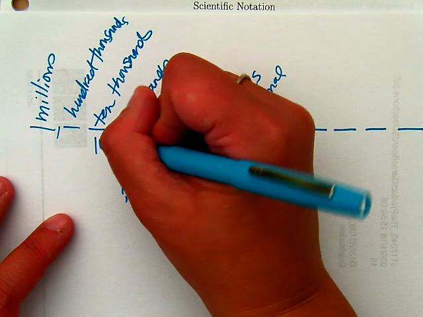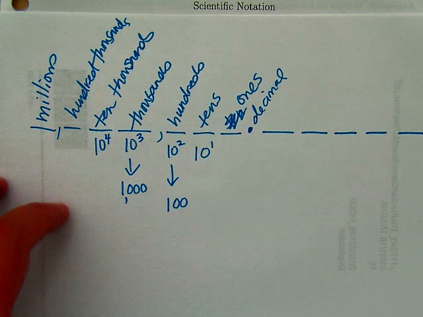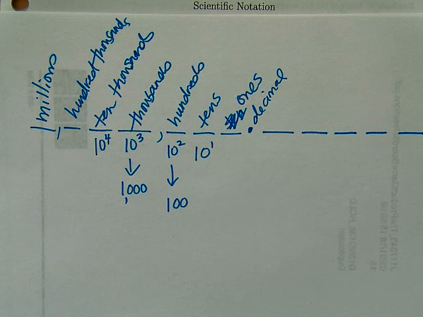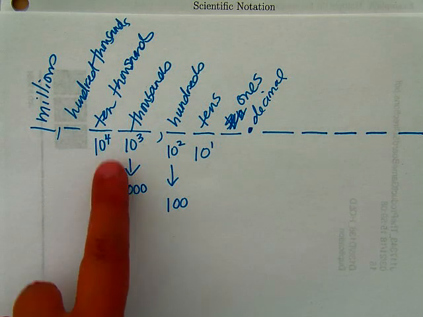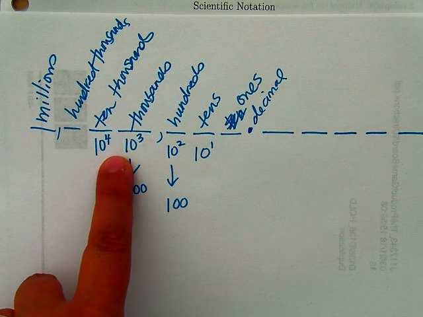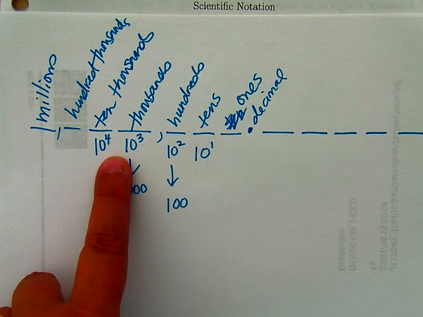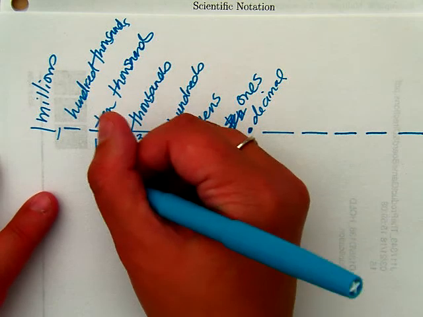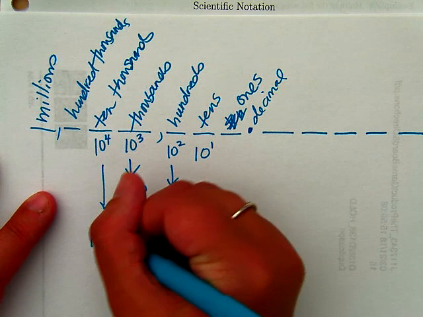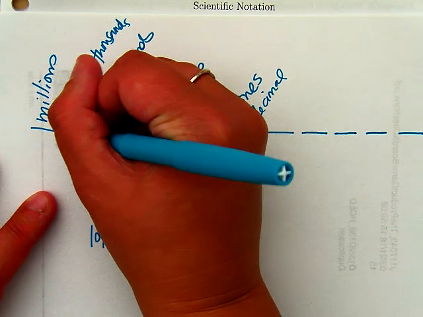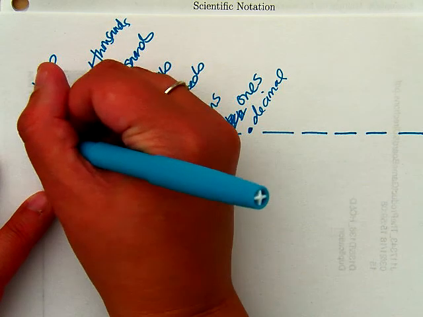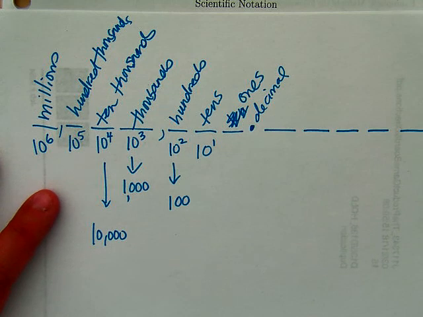10 to the fourth power, if I multiply by another 10, that's 10,000. 1 followed by how many zeros? Four zeros. The exponent tells me the number of zeros. 10,000 has 4 zeros. 10 to the fifth, and a million is 10 to the sixth power.